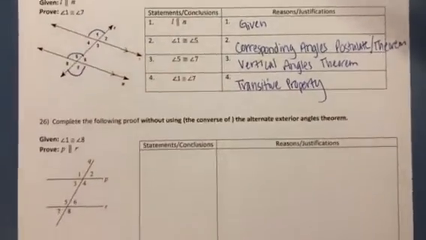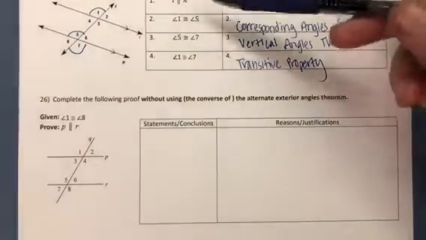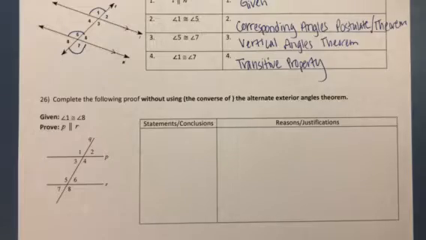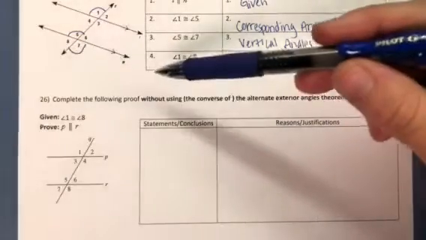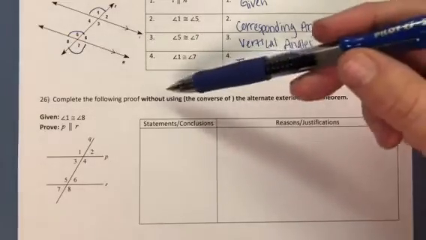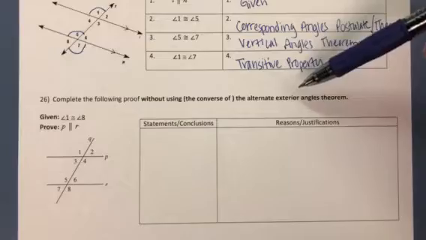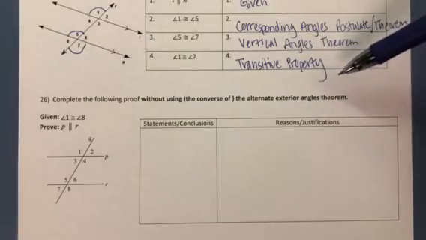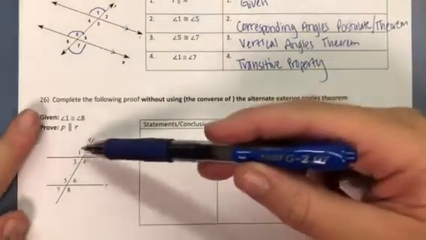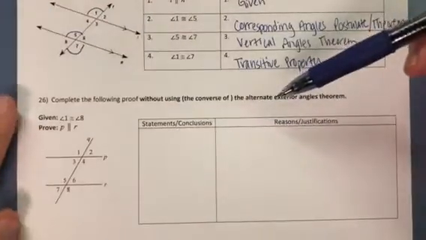This one looks a little scarier because we don't have these statements to help us. But it's not scary at all. It says complete the following proof without using the converse of the alternate exterior angles theorem. So when I look, I see 1 and 8 are alternate exterior angles.